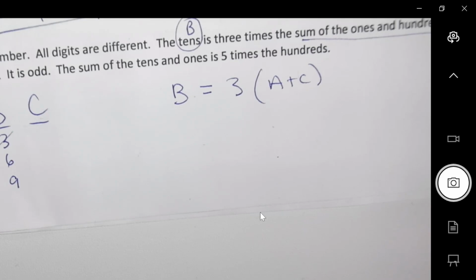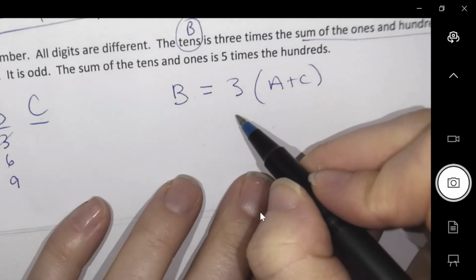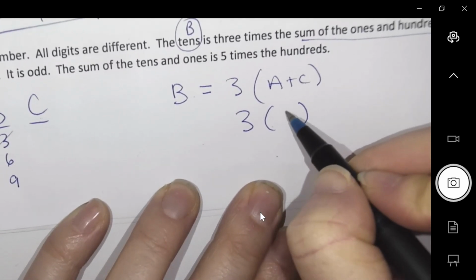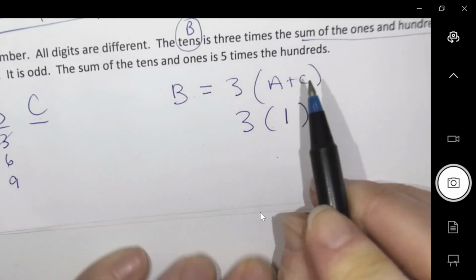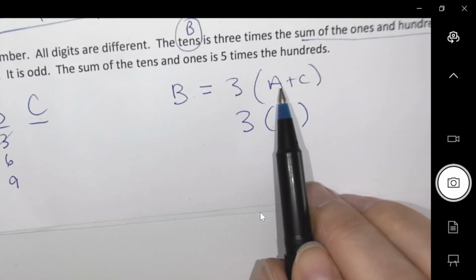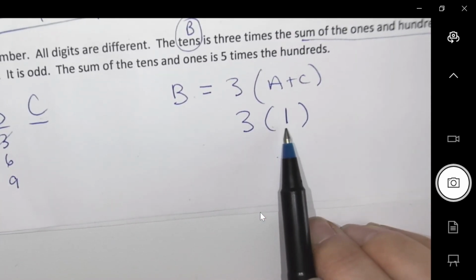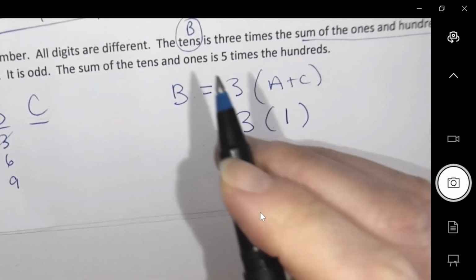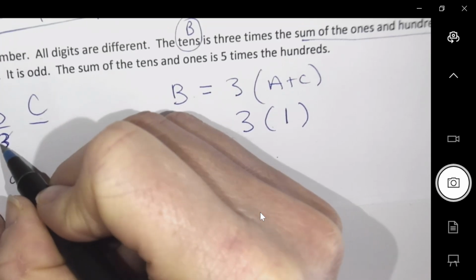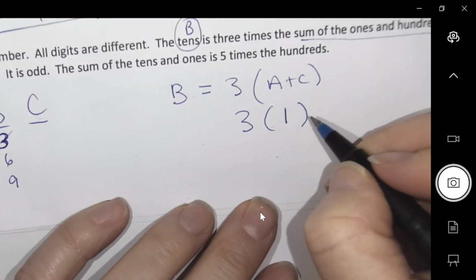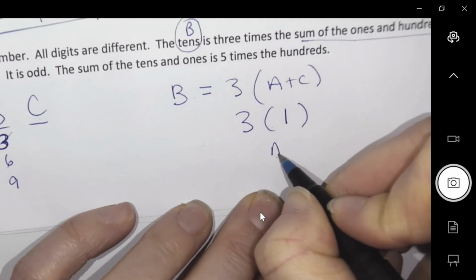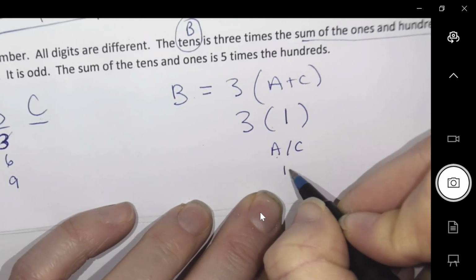Why? Because it's 3 times, so this would have to be 1. Is it possible for me to add A and C to be 1? I think it's 1 and 0. Actually, yeah, it is possible if it's 1 and 0. Okay, then A and C would have to be 1 and 0.